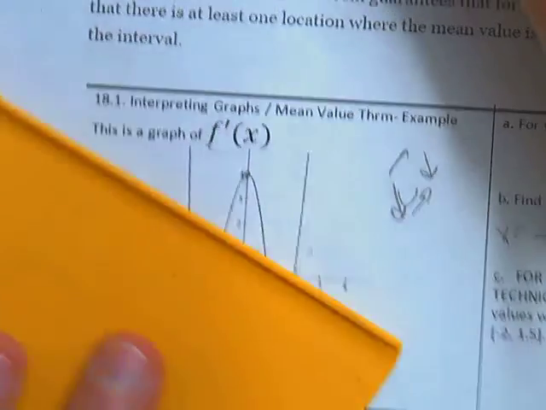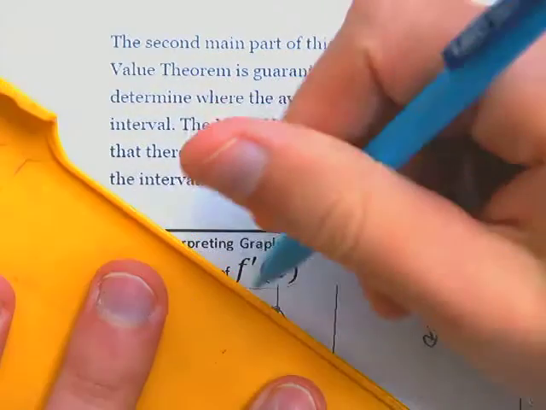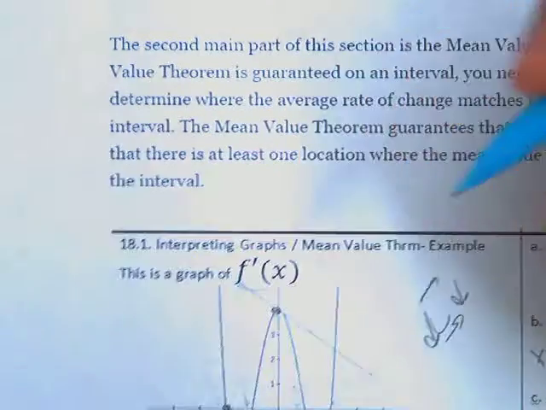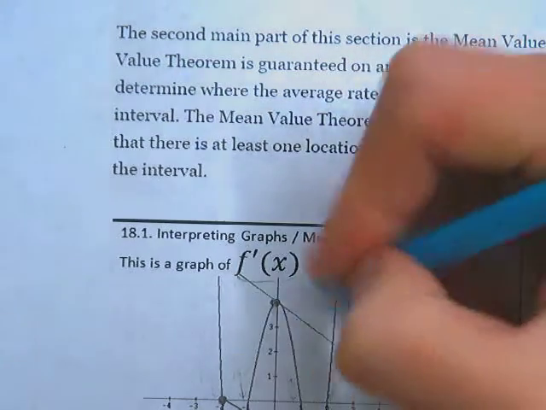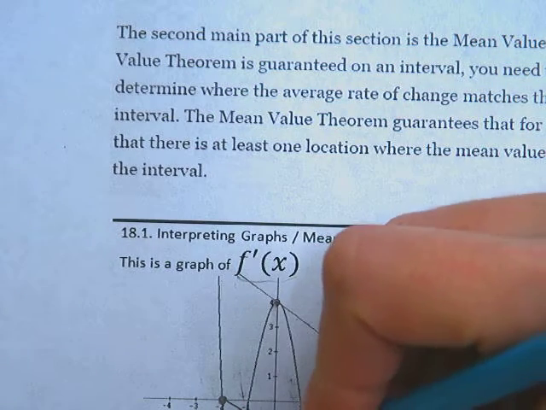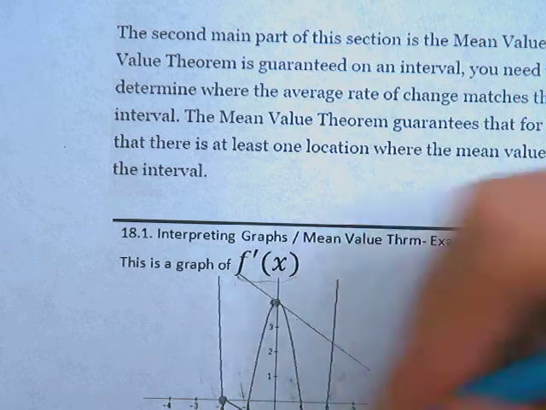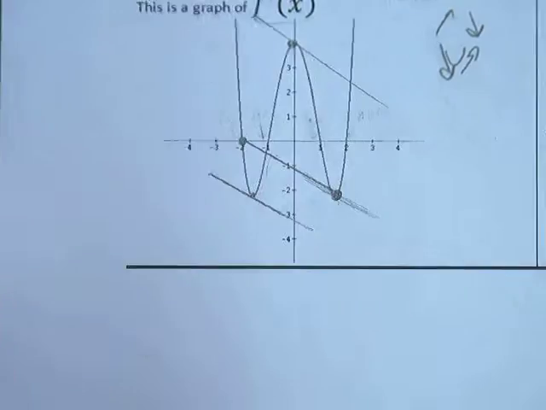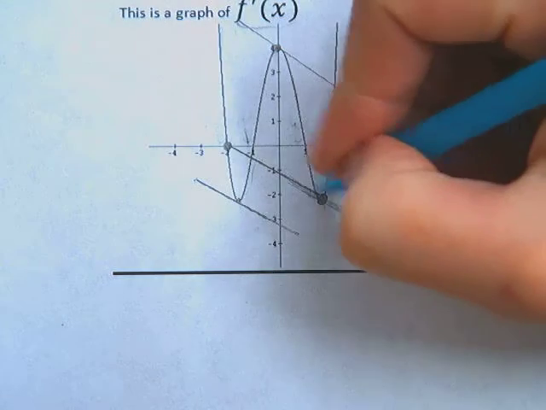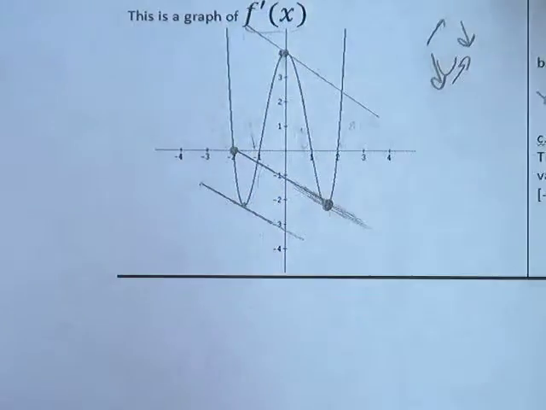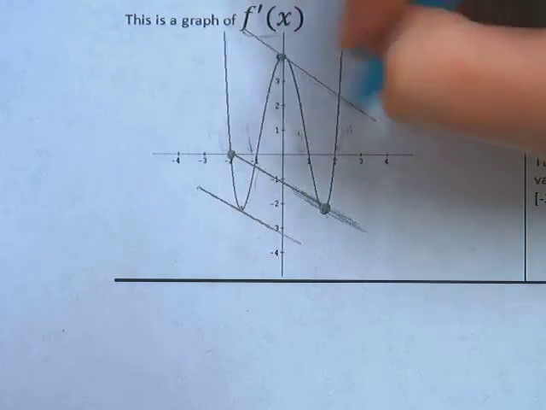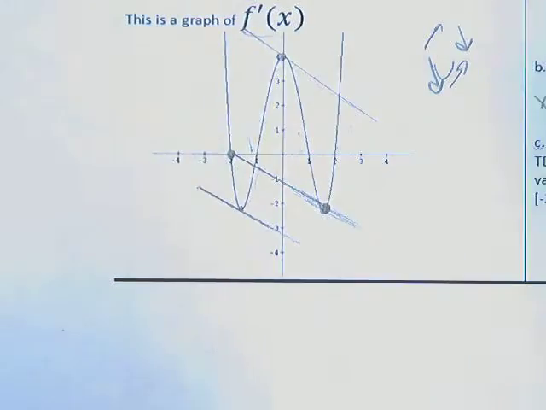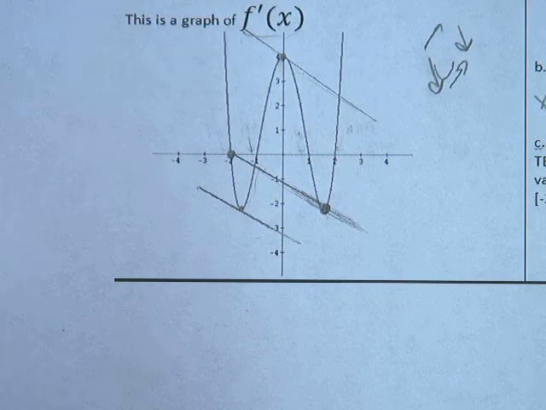And I believe I also see one up here. That one has about the same slope. And then I also see one right on top of where the other one was, like right here. So I pointed out 3 different spots where I thought the instantaneous slope equaled the average slope.